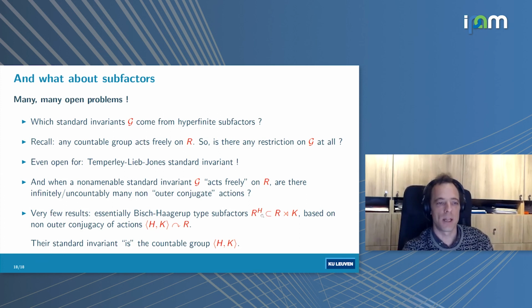And indeed, you can then show that for this type of standard invariant, you do have uncountably many realizations of the standard invariant on the hyperfinite II_1 factor, but there are really not many more results than this one.